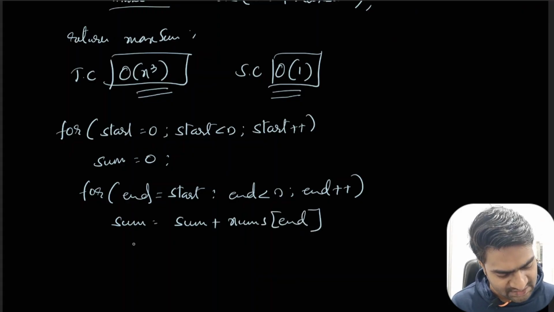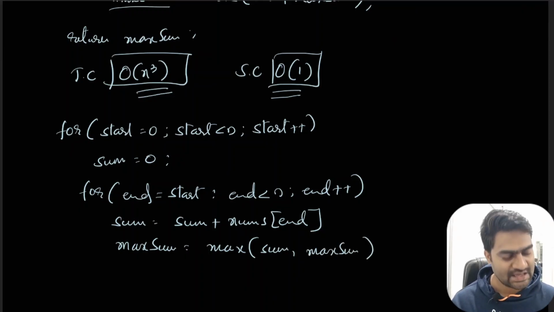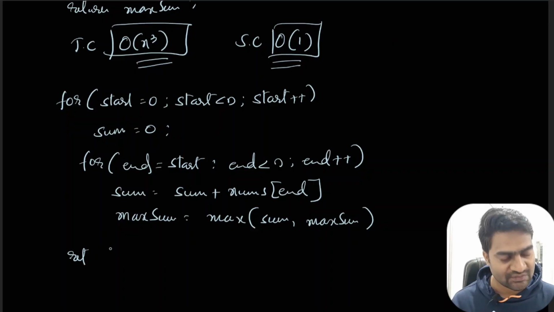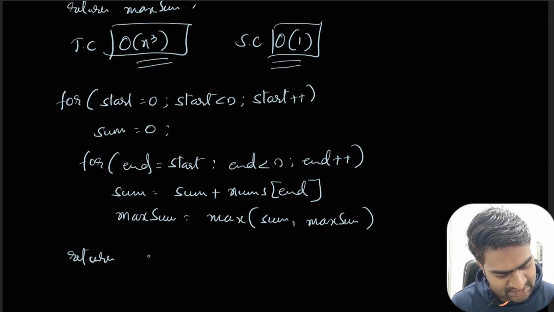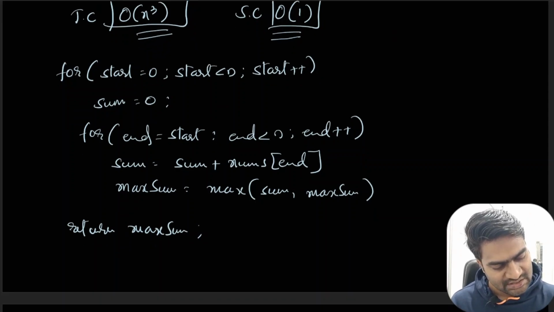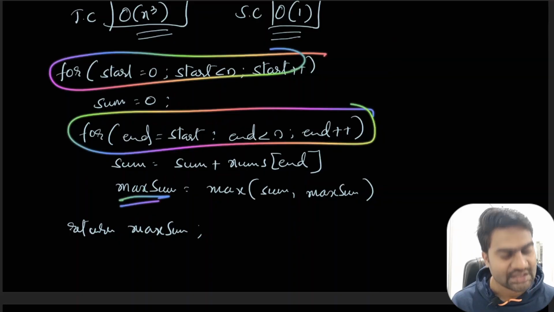Immediately after that, I will update my max sum equal to max of sum comma max sum. This way, finally after both the for loops, I will return my max sum. So if you see, using only this for loop and this for loop, we found the maximum sum.